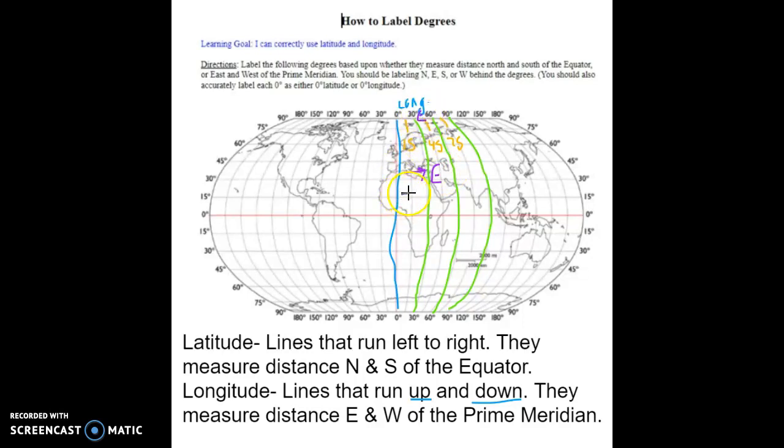Because I will have to travel east for all of these, these lines will be labeled east, because that is the direction from 0 that I had to go, the direction from the prime meridian. So up here we can label all of these as east.